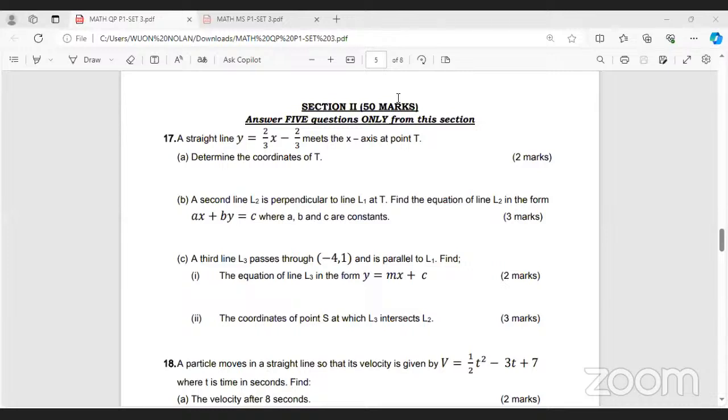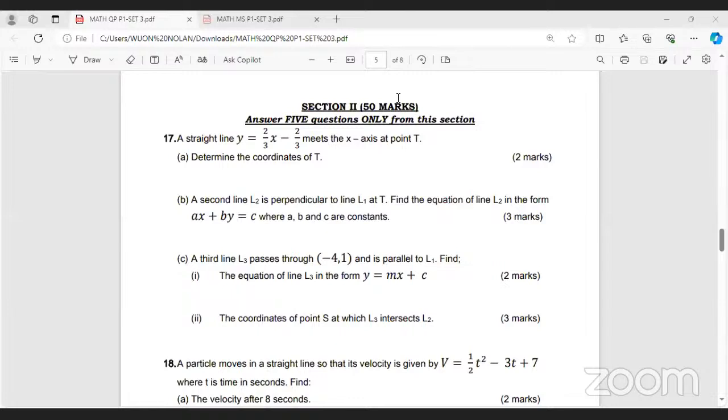Now, when you are told that a line is meeting an axis, in this case the x-axis at point T, you know very well that at the x-axis, the value of y is 0. If I am to draw a sketch of a Cartesian plane, this is the y-axis, this is the x-axis.